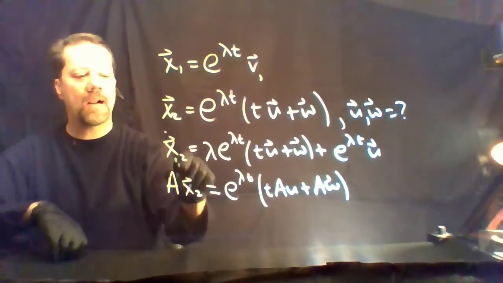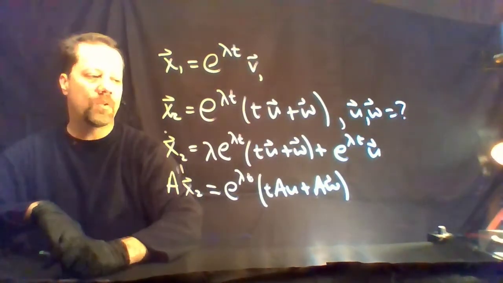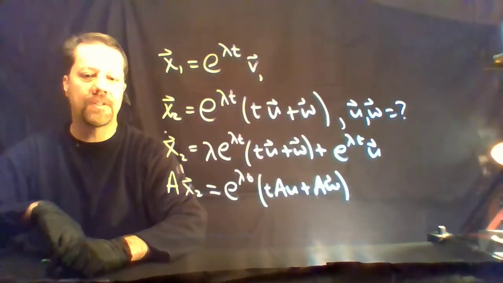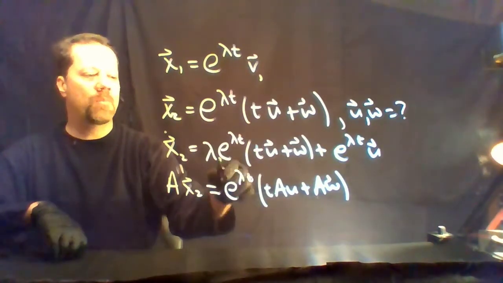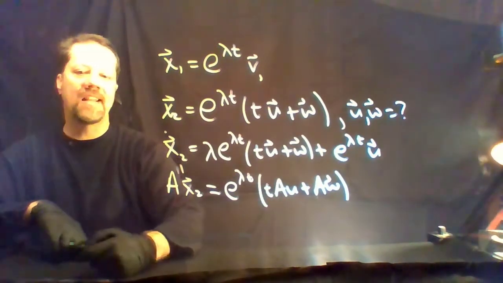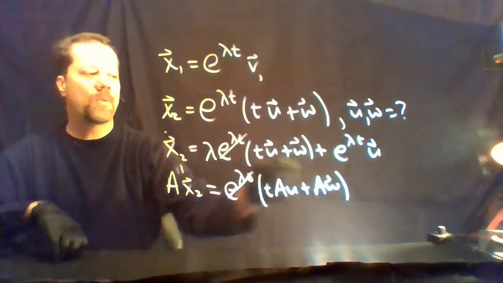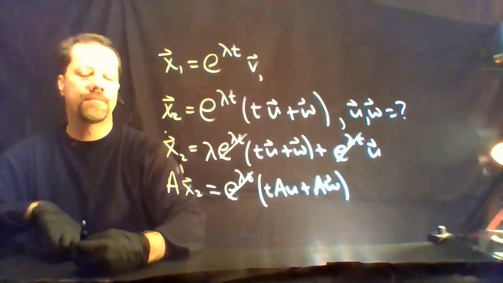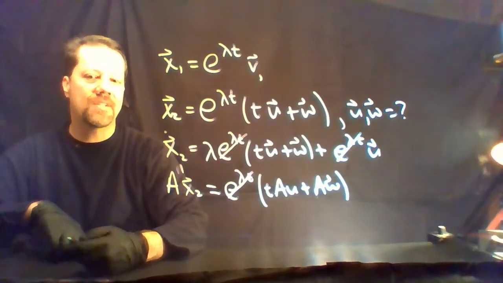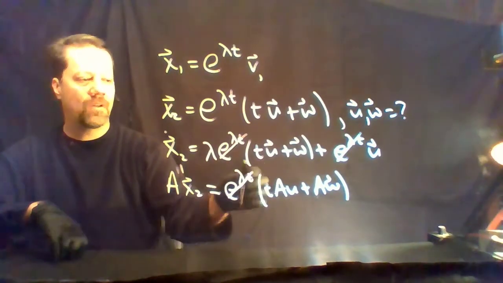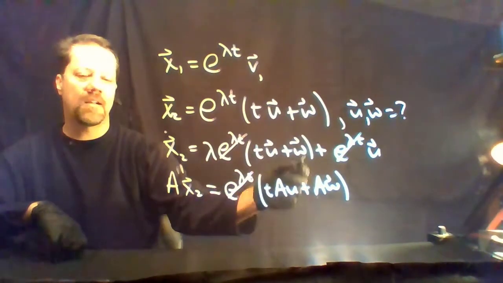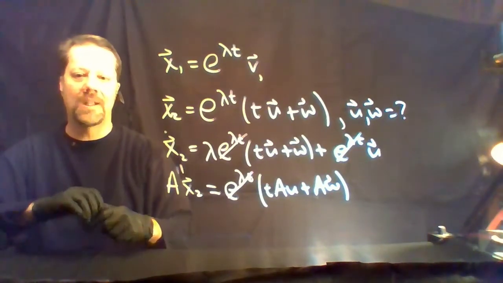Now we require that these two be equal in order to be a solution to the differential equation. Every term on both sides has a factor of e to the lambda t, so we can cancel all of those off. What we need to do next is equate coefficients of t and constant terms separately to each other.